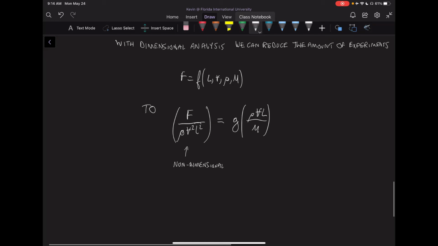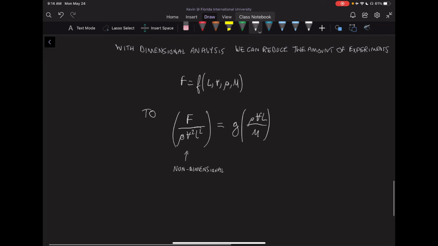So what we've done here is we've made a dimensionless force coefficient on the left.